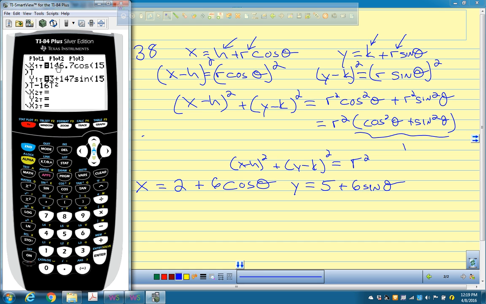And this 146.7, this should have been 146.7, because they tell you that the initial velocity is 100 miles an hour, but that can be converted into feet per second as about 147 feet per second. Cosine of 15 times t. This is the initial height of the object, 3, plus 147, which is the initial velocity, sine of 15. So 15 is the angle.